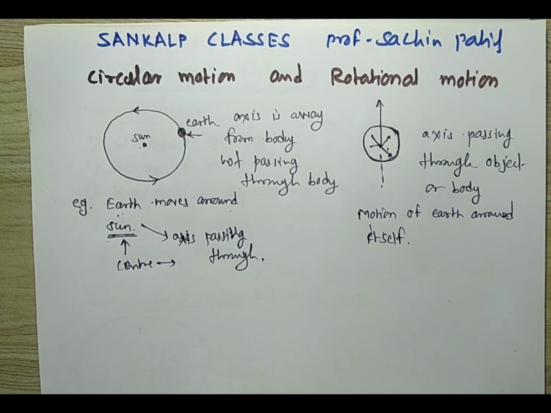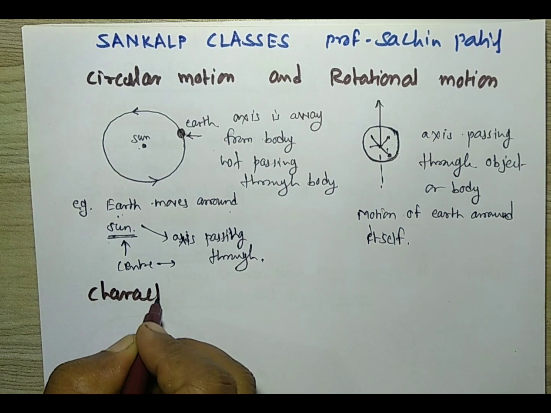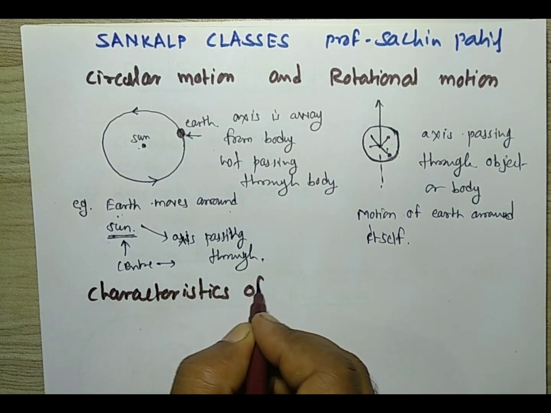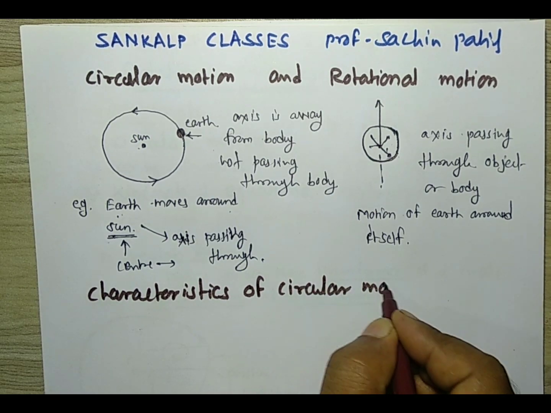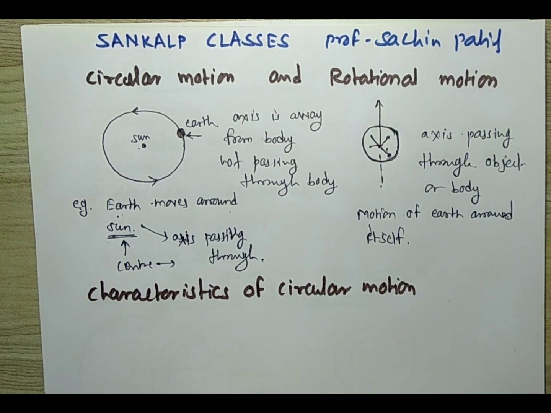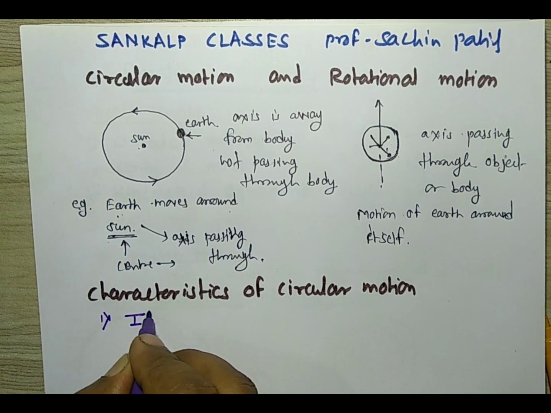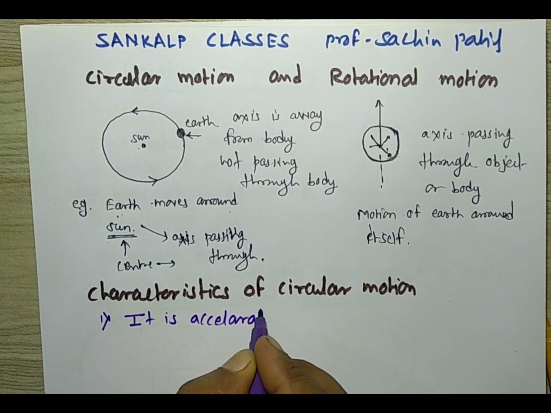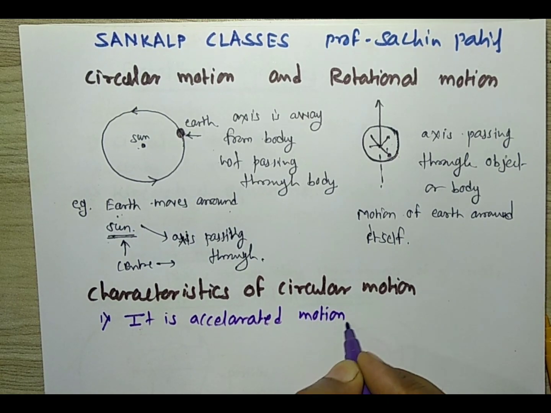Here are the characteristics of circular motion. First characteristic is it is accelerated motion.